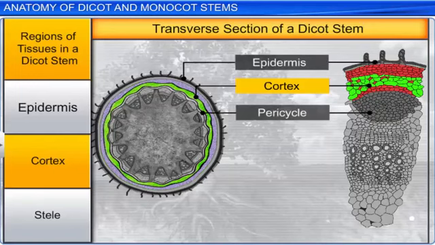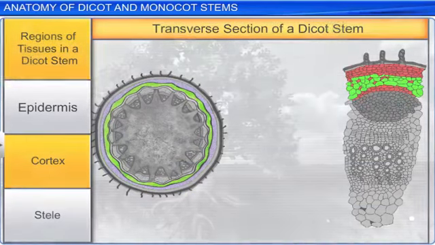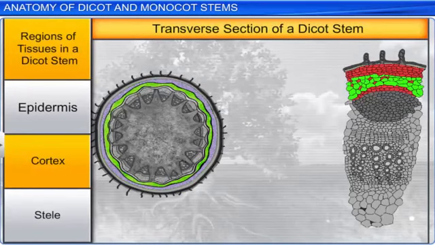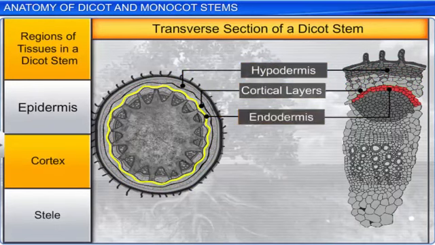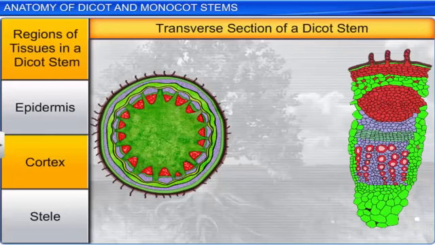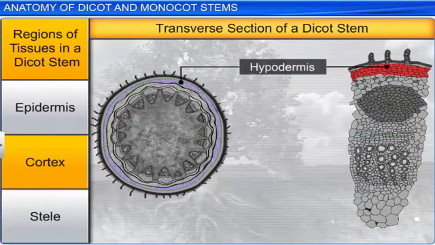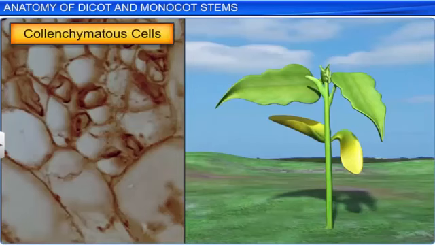The cortex comprises three subzones, namely the hypodermis, the cortical layers, and the endodermis. The hypodermis is the outermost zone of the cortex, which consists of a few layers of collenchymatous cells. These cells strengthen the young stem of a plant.